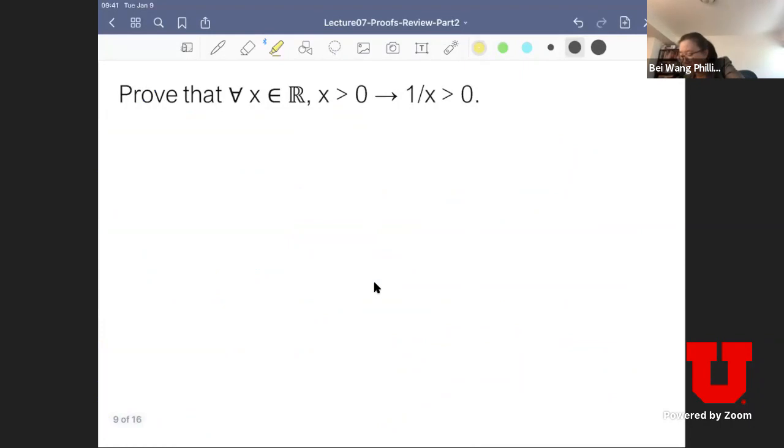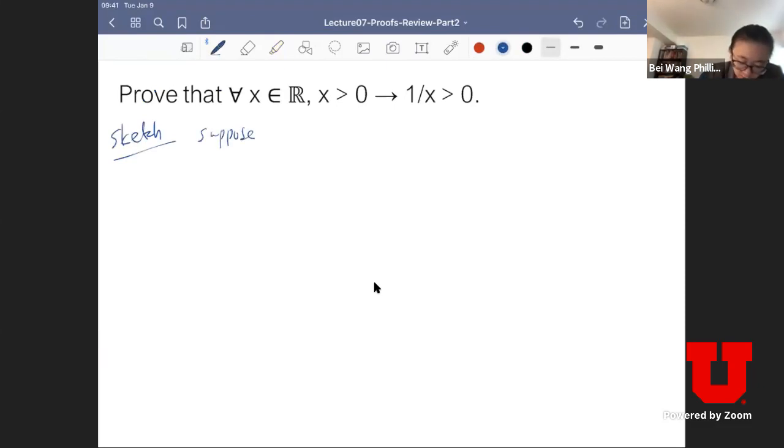Next one is to prove that for all real numbers x, if x is bigger than 0, then 1 over this real number is also bigger than 0. Again, what is my sketch of the proof? Here, I want to prove by contradiction. If I want to prove by contradiction, I would like to suppose there exists a counterexample.